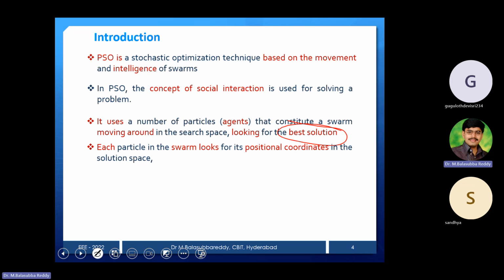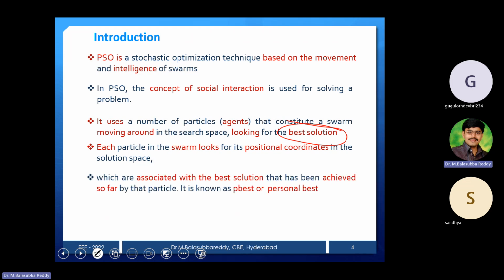Each particle in the swarm looks for its positional coordinates in the solution space, which are associated with the best solution achieved so far by that particle. It is also known as the p-best.